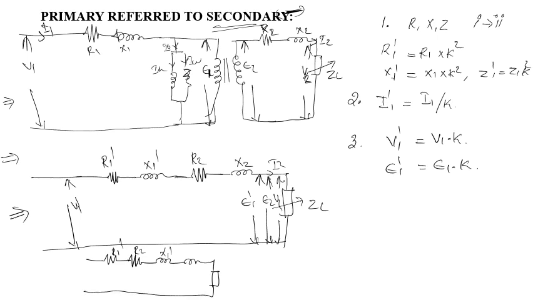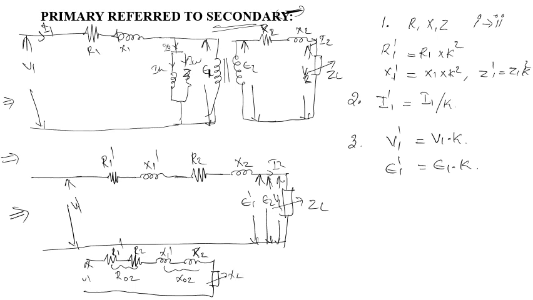We know that the combination of R1 dash and R2 will give you R02. Similarly, the combination of X1 dash and X2 will give you X02. All the things will be here.